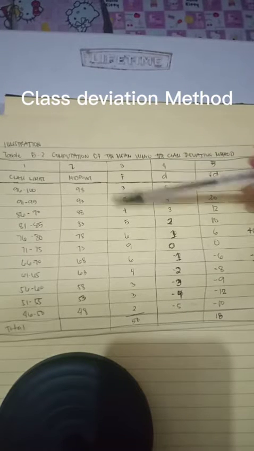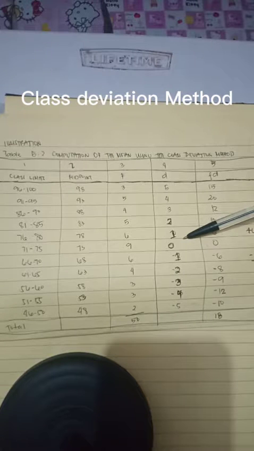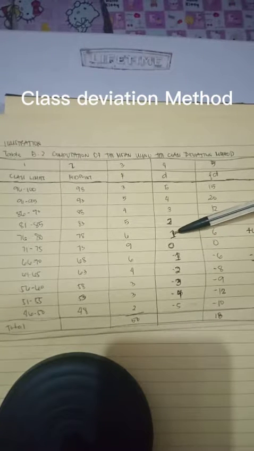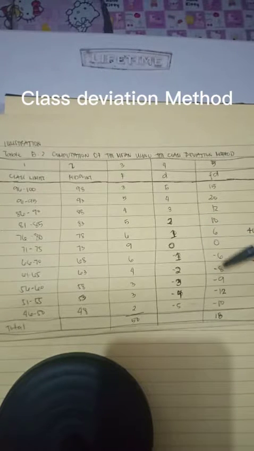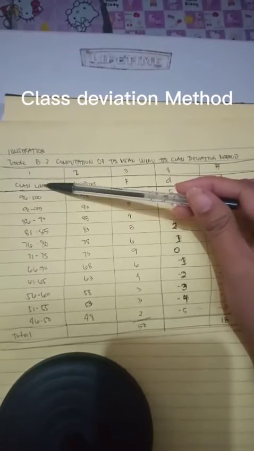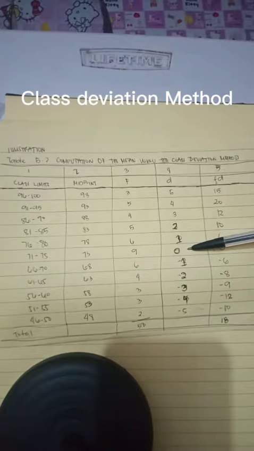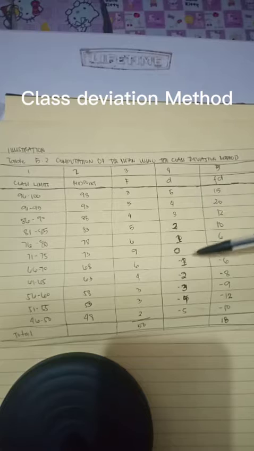The point of origin that is arbitrarily chosen is 0. If class limits are arranged from highest to lowest, above the 0 deviation, above the origin is positive and below is negative.